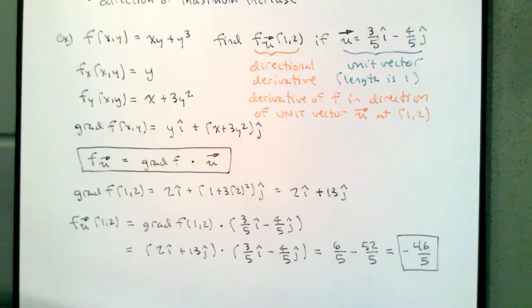Some things to note. In the dot product, we have to make sure that we're using a unit vector. If I just ask you for a directional derivative, you don't have to be given a unit vector. But in the dot product calculation, you have to reduce your vector to just a direction.